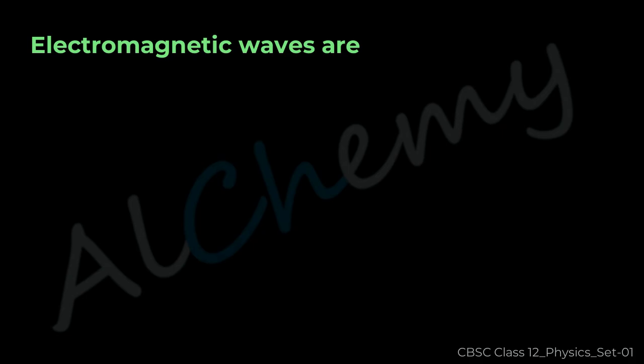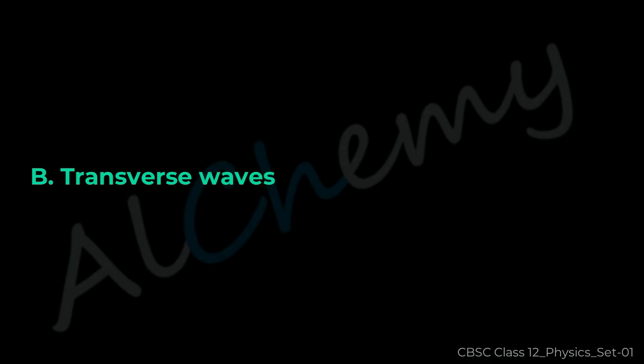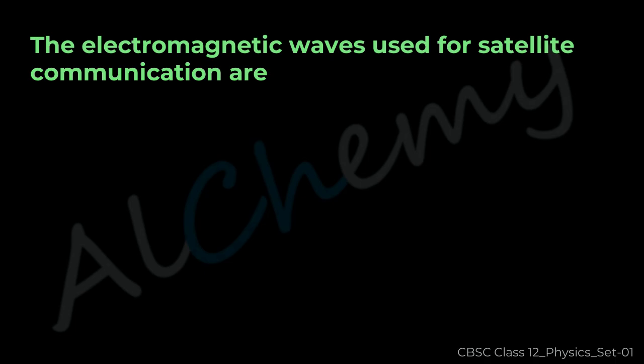Electromagnetic waves are A. Longitudinal waves, B. Transverse waves, C. Mechanical waves, D. Stationary waves. The correct answer is B. Transverse waves. Question 22.